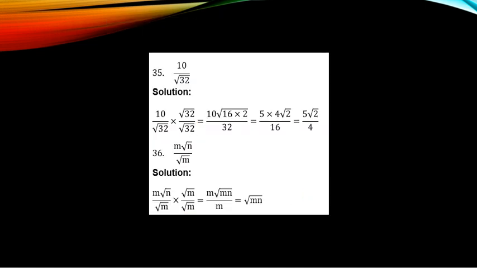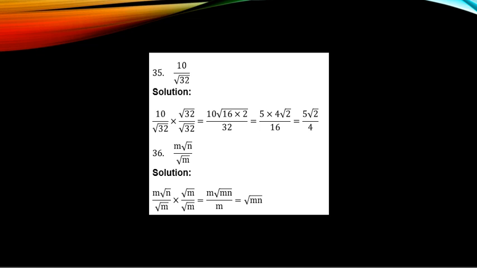Example 35. We have 10 over root 32. Okay? If you wish to express root 32 in basic form, it is the same thing as rationalizing directly, which is quicker.